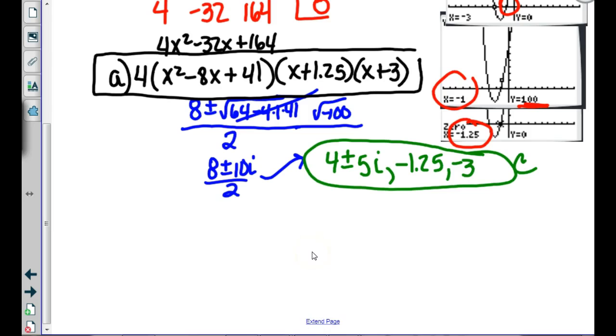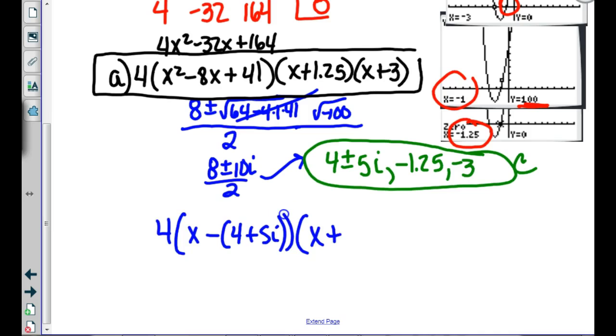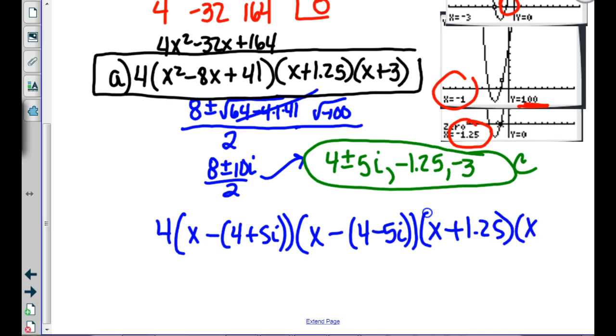I didn't put linear factors on the quiz. Would that be good news? Yeah. It would be 4 times x minus 4 plus 5i, x plus, no, just kidding, minus 4 minus 5i, x plus 1.25, and x plus 3.